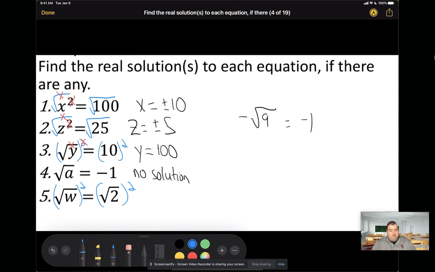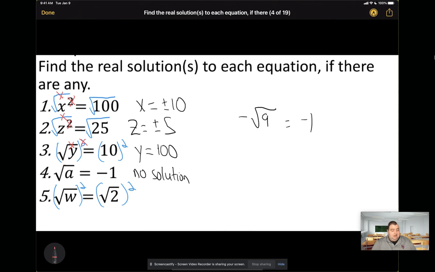On the left-hand side, squared will cancel out square root, and I'll be left with w. And on the right-hand side, squared will also cancel out square root, and I'll be left with 2. So I'll have w equals 2.